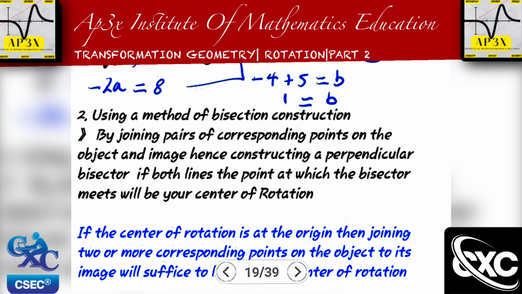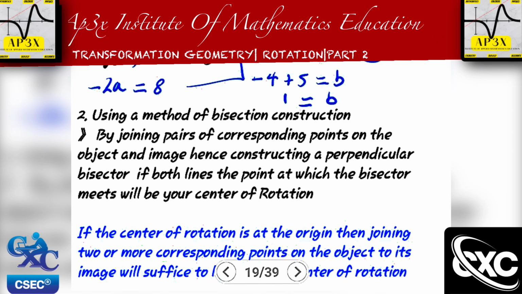All right. Now, it says here that if the center of rotation is at the origin, then you don't have to do the whole construction. Once it is automatically at the origin, then all you have to do is just connect the two corresponding points and it will automatically fall in the center.